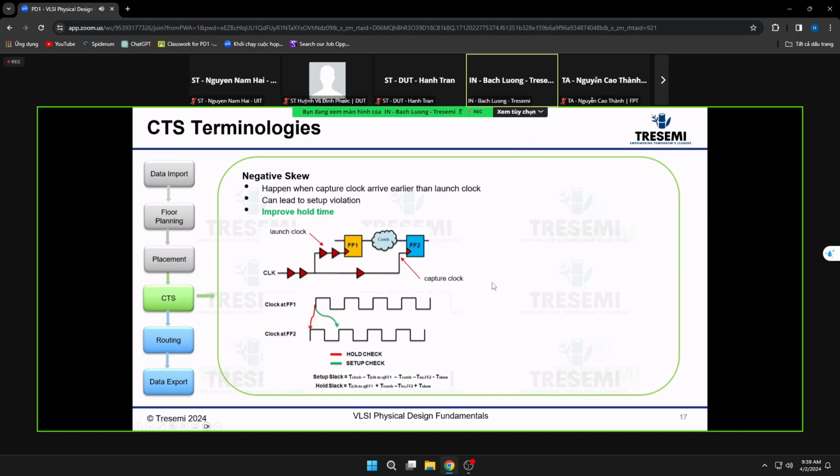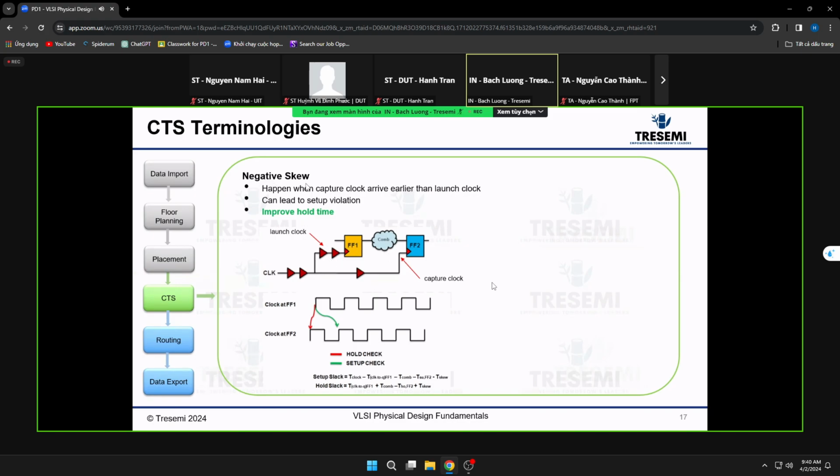So let's go up to... yes. So the clock skew equation is still the same, correct? It'll be the capture minus the launch. So the equation is the same. Let's say the launch arrives at 1 nanosecond and the capture arrives at 2, then 1 minus 2, you have a minus 1 clock skew.